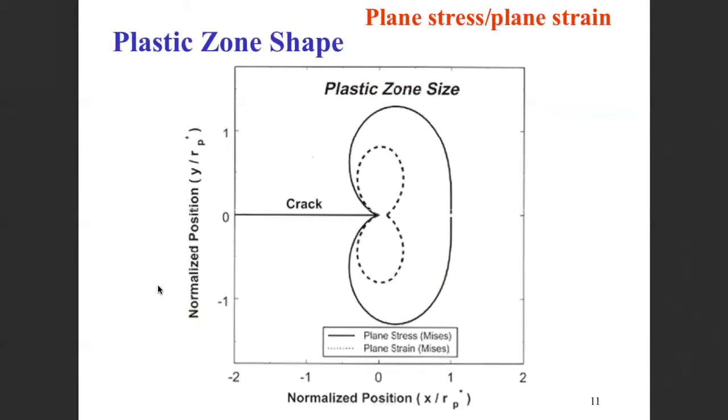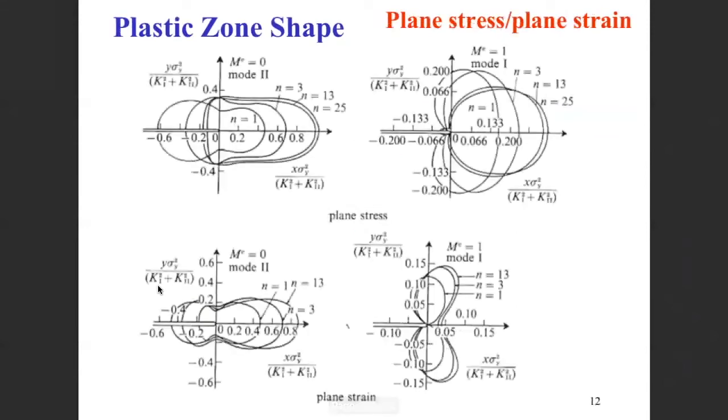So when you get down into actual mesoscale mechanics, where we're worried about crystal plasticity and grain shapes, things get strange. And so mode 1 for plane stress and plane strain, and mode 2.